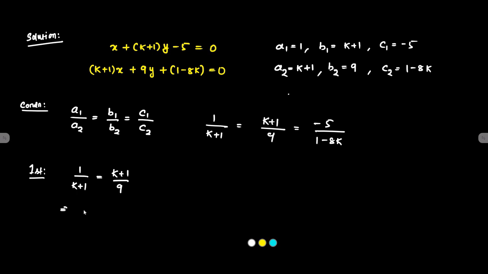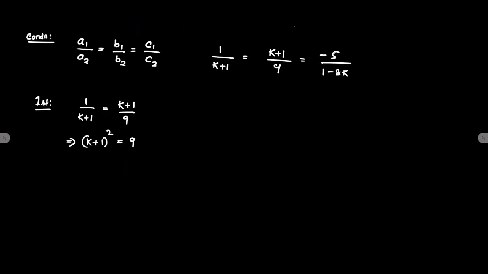That implies k plus 1 whole square is equal to 9. That implies k plus 1 is root over 9, which is 3, but it can be minus 3 or plus 3.